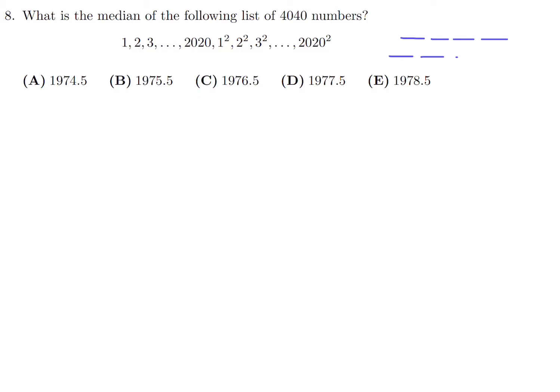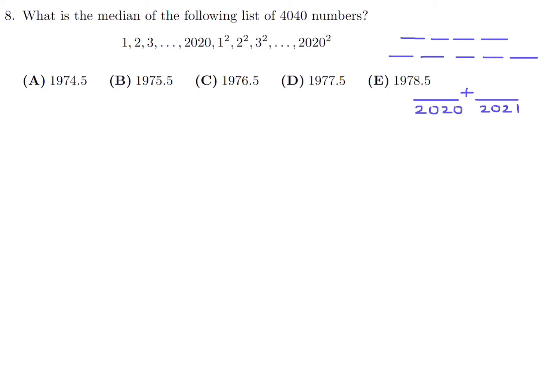If it was an odd number, then it would just be 1 number. But this is an even number, so I will have to take the average of those middle 2. What are those middle 2? Well, if there's 4040, they will be the 2020th number and the 2021st number. Those 2 numbers, whatever they are, I have to take the average of those. So add them and divide by 2.